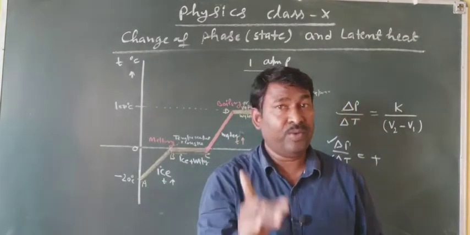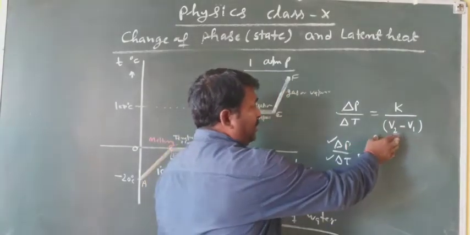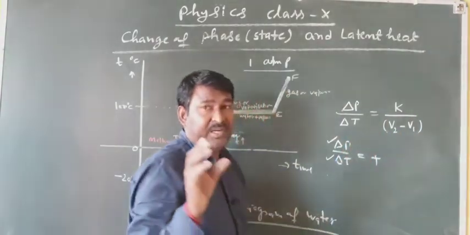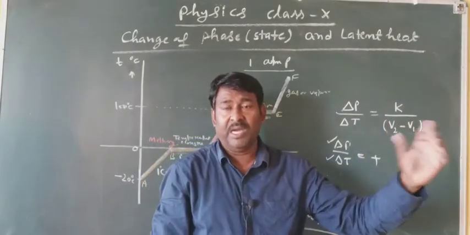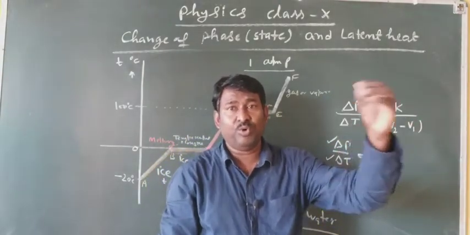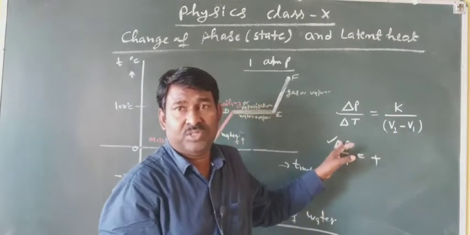All right, what about the melting point? Now see again the melting point. If a substance melts and forms more volume than the initial one, then the same conclusion we can write.